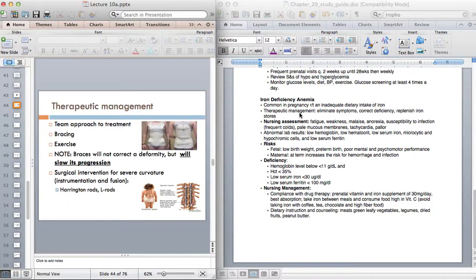So that is a problem. Something that they are doing also would be, at times for this moderate curvature, they may do electrical stimulation of the muscle.